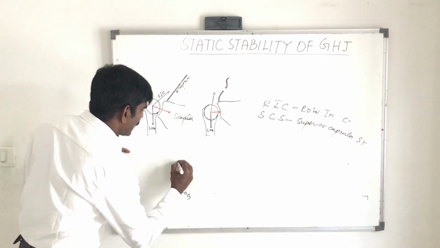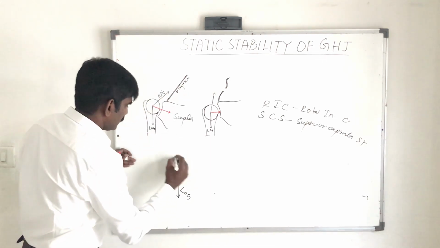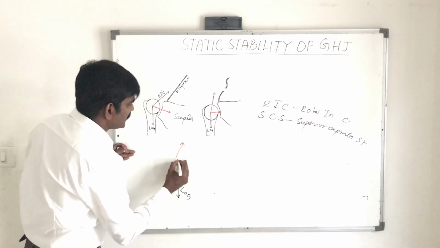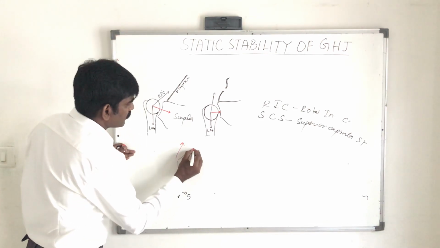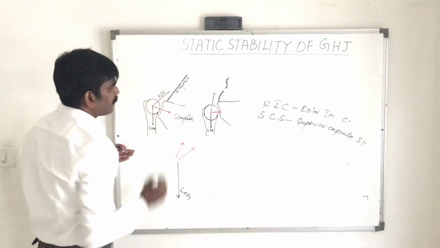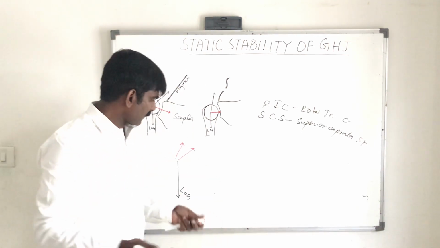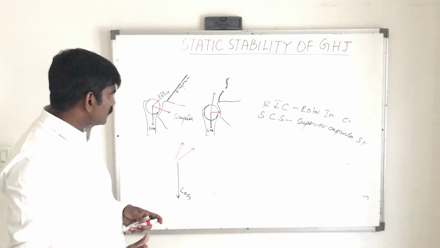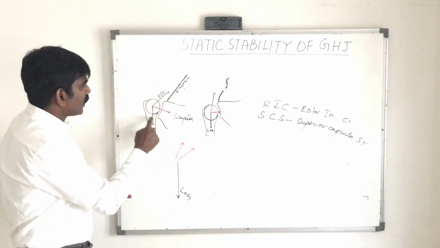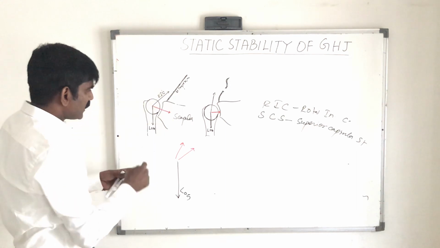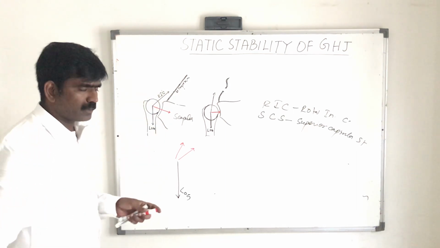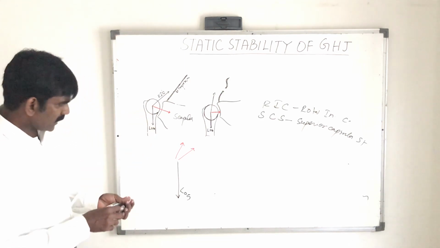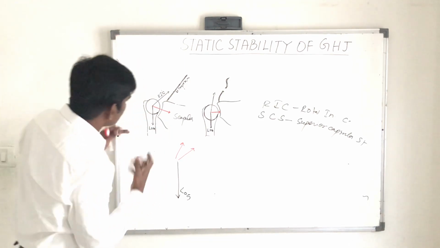One is RIC and the other is the upper trapezius, that is, the stabilizers. Now here you see what happens to the angle. Clear? The angle is less. Clear? You can see the diagram here.